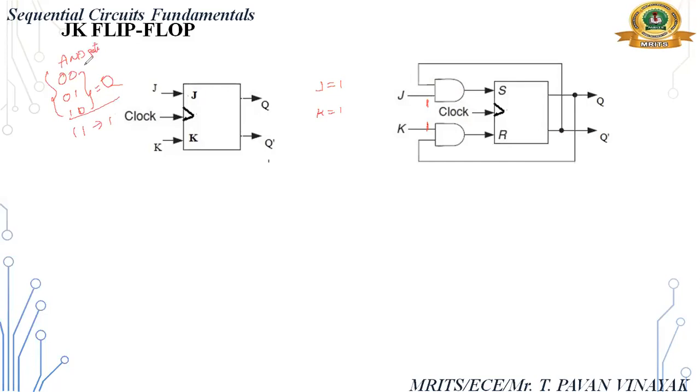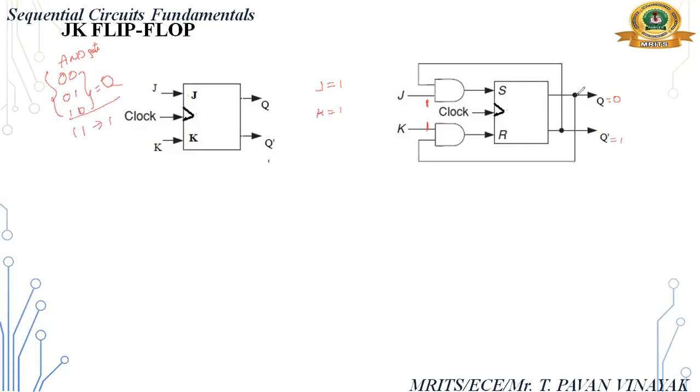Right? So here I give 1 and here I give 1. Suppose I don't know the previous state. Now I am considering the previous state as 0. Previous state, not current state. So what happens when the previous state is 0? Q bar will be 1, right?